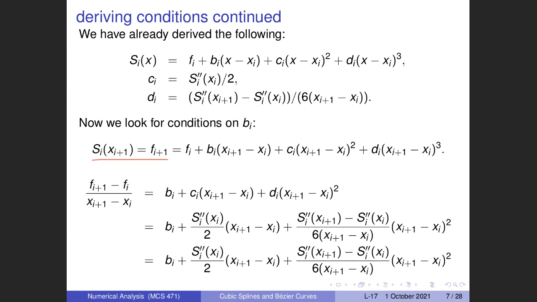So what is here at the left is what we call the first divided difference that we computed in Newton interpolation. All right, so we have now also a condition that involves the bi, and we eliminate the ci and the di from this. So this gives us this relationship between the divided difference at the left, and then an equation that actually only involves the bi's.